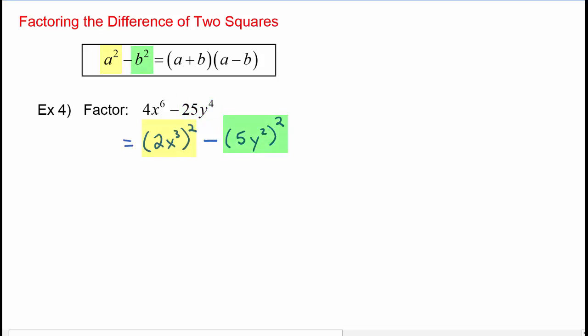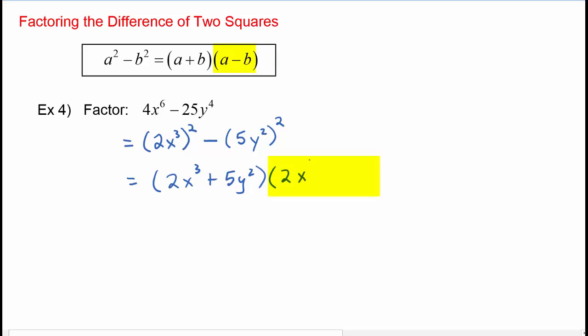And now we use the rule and we get 2x cubed plus 5y squared times 2x cubed minus 5y squared.